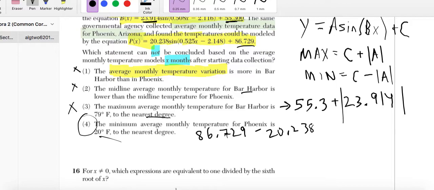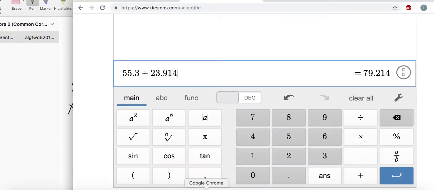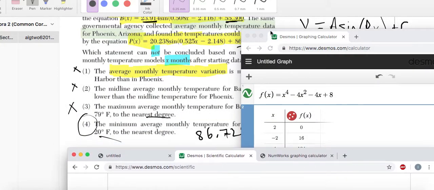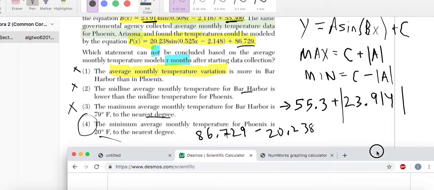We already know if I do 86 minus 20, it's not going to go down to 20. To get 20, I'd have to subtract somewhere between 66 and 67, I think, right? I'd have to subtract 66 point something, so clearly that's not going to work. But let's just confirm, even though we really don't need to. 86.729 minus 20.238.